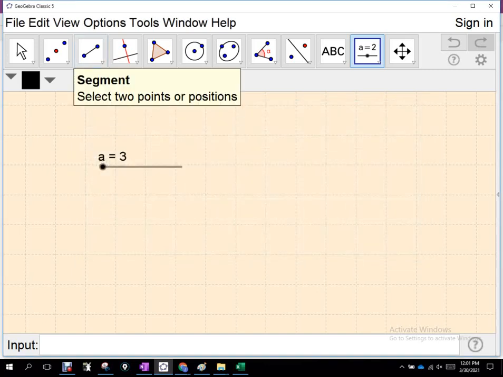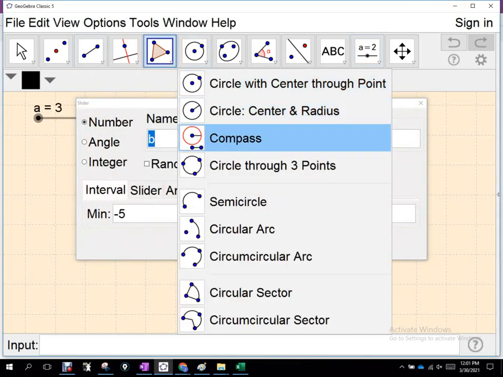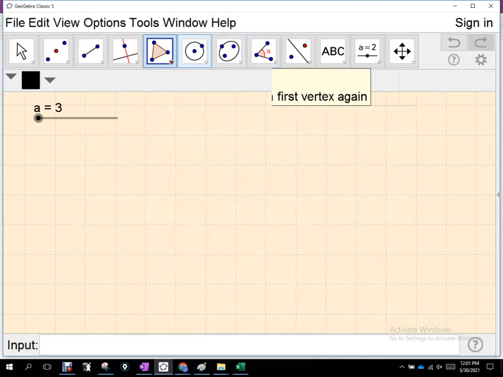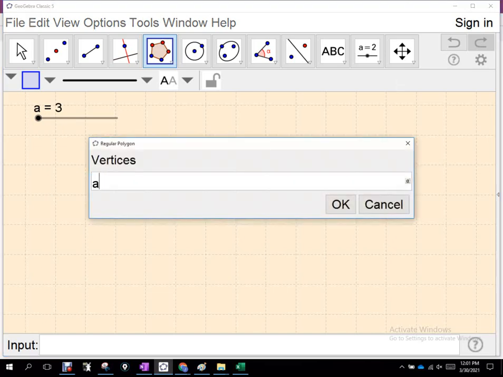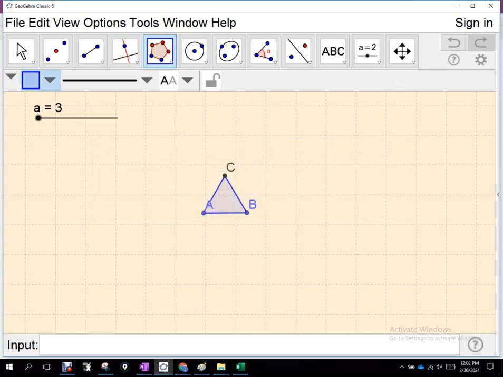And I'm going to now say that I want to make a regular polygon, but I want my number of sides to be based off of A here. And right there you see that it made a polygon of 3.